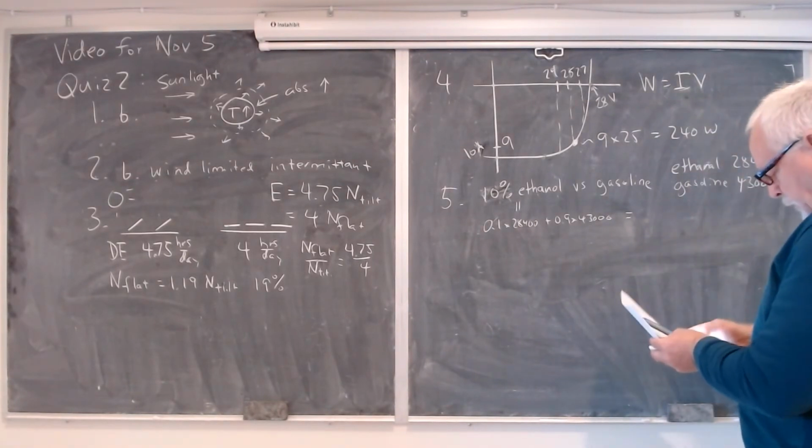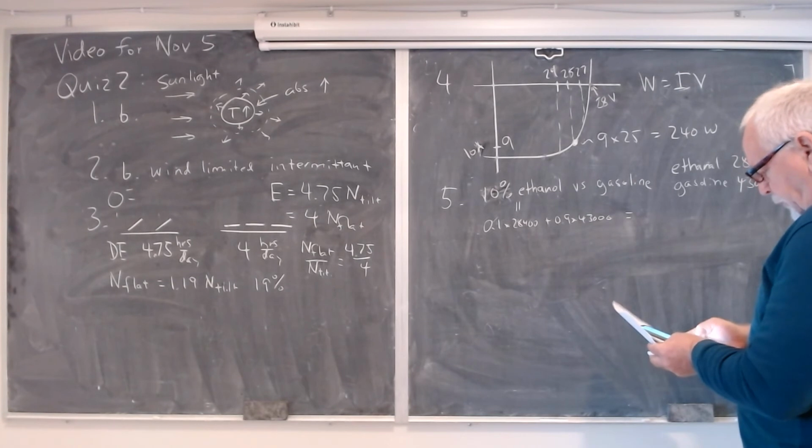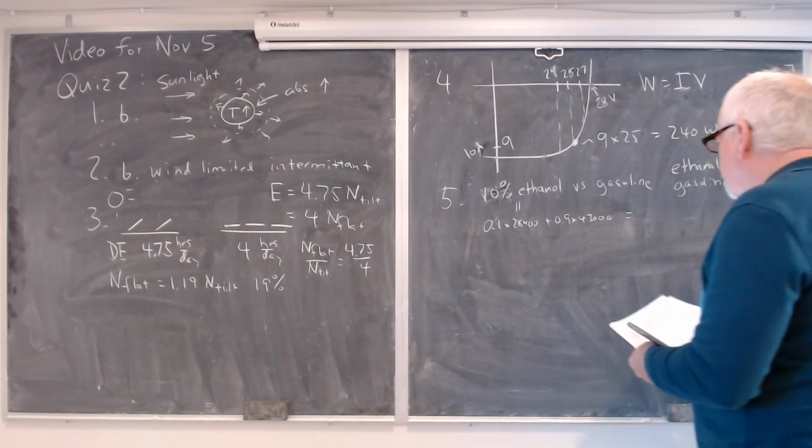So 0.1 times 28,400 plus 0.9 times 43,000, 41,500.